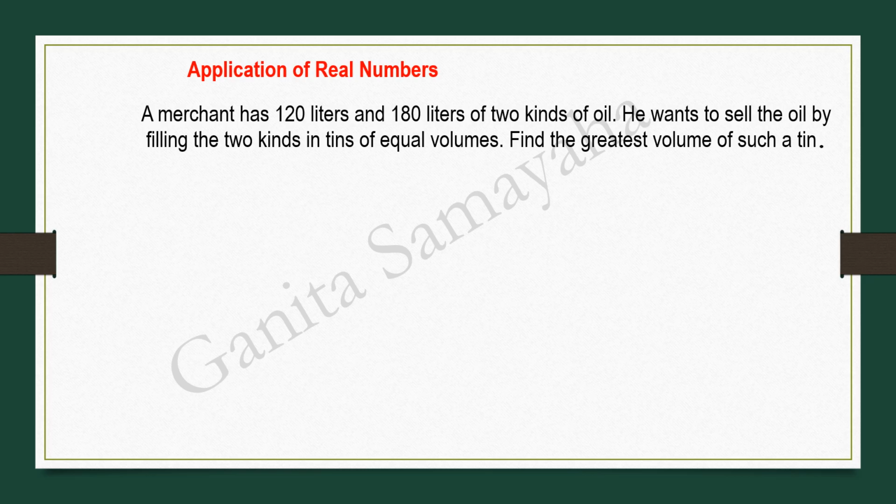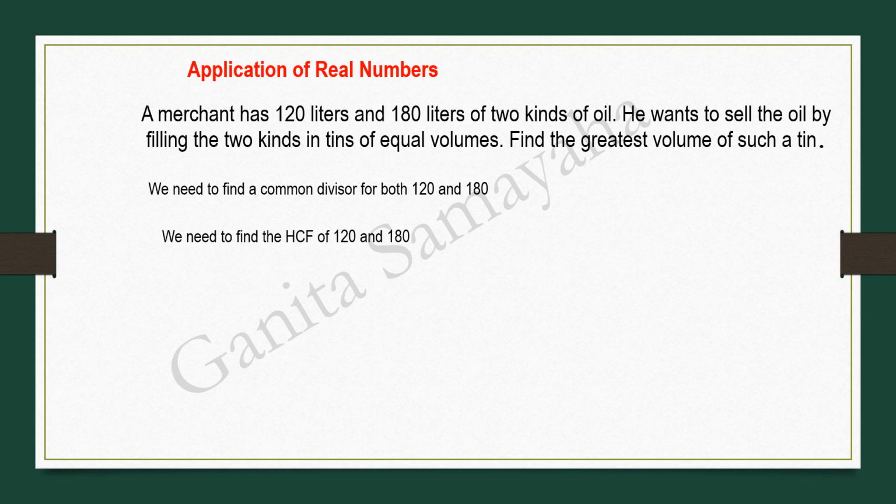So we have to divide them. That means we have to find a common divisor for both of them. Okay, so we have to find a common divisor for both 120 and 180. And what is this process of finding a common divisor known as? Yes, finding the HCF. We have to find the HCF of 120 and 180.